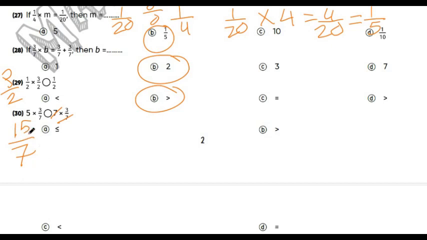The 15 has 2 sevens in it, so it will be 2, because 14 divided by 7 equals 2, and the remaining will be 1 over 7. So we have 2 and 1 over 7, and the next one is 3, so it is clear that 2 and 1 over 7 is less than 3.